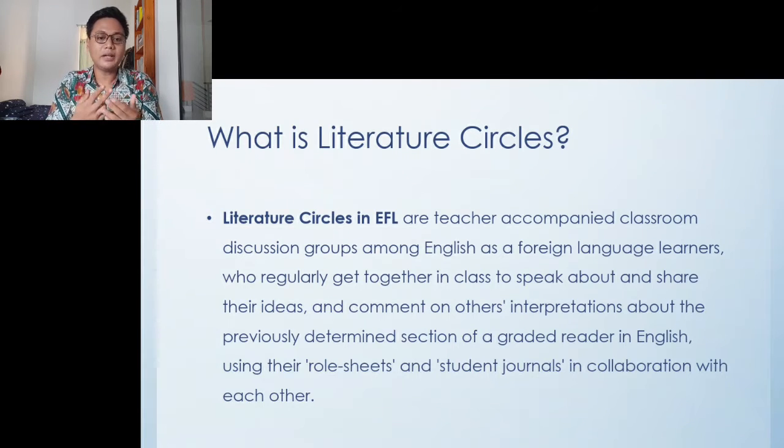Then the teacher may ask students to take on specific group roles, such as a summarizer or director, which are designed to develop reading, speaking, and thinking abilities. As the students become more skilled in literature circle conversation, they can move beyond specific role assignments. Okay, let's take a look at the next slide.